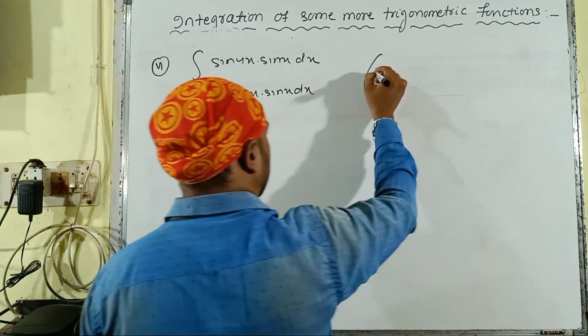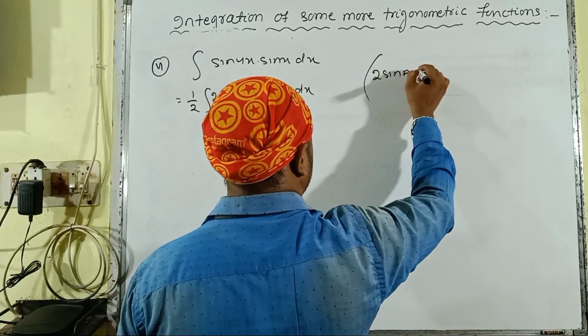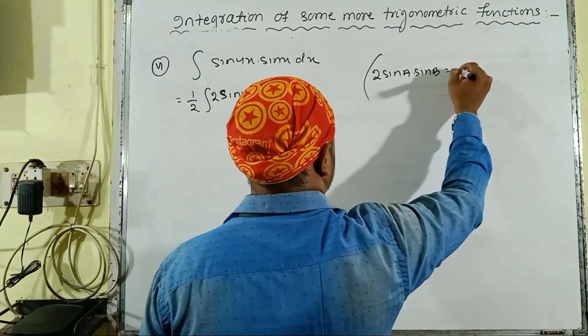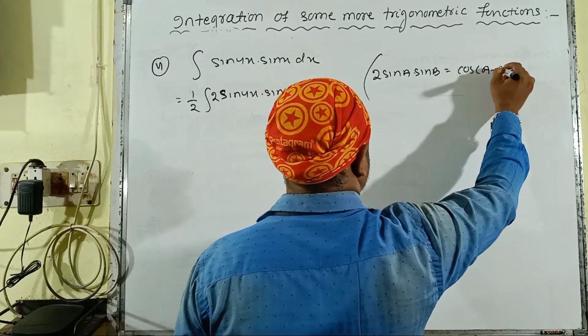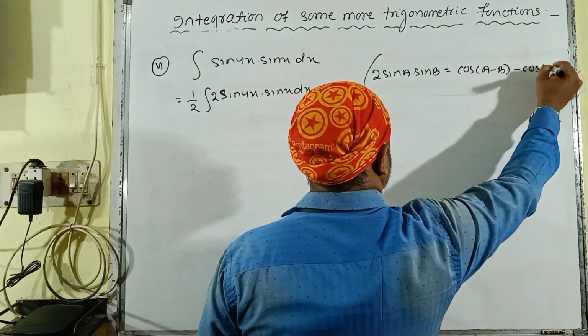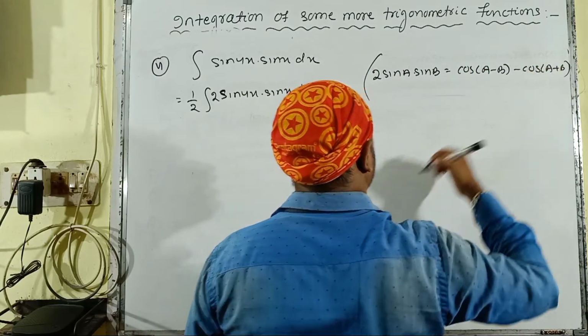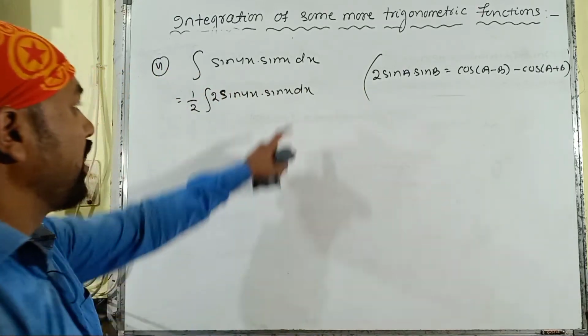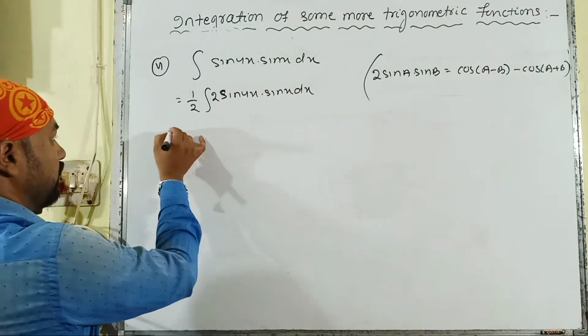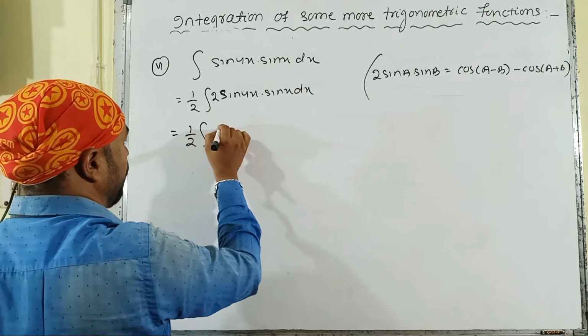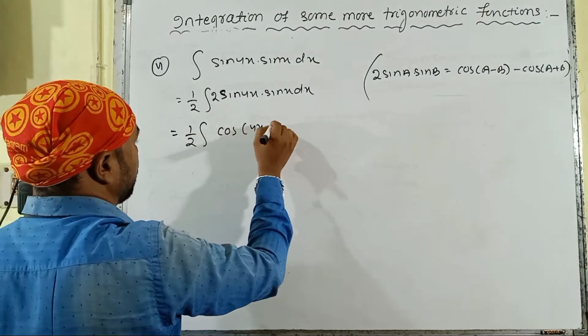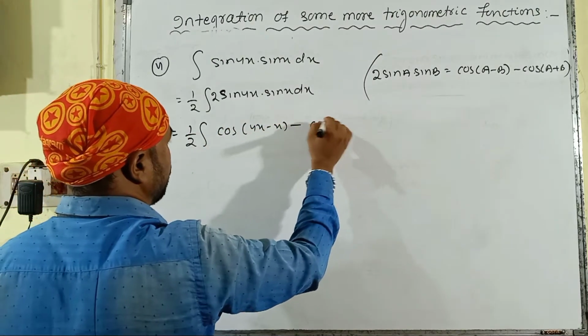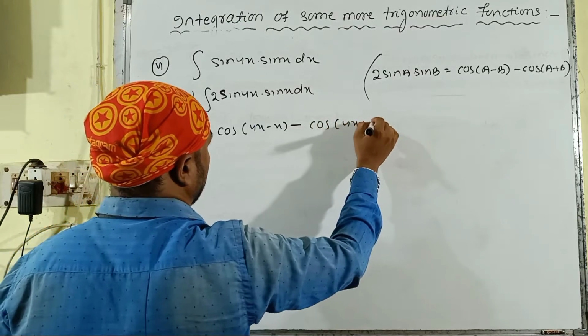Here we have to use the trigonometric identity 2 sin A into sin B, that is equal to cos(A-B) minus cos(A+B). Here A is equal to 4x and B is equal to x. So 1 by 2 integral of cos(4x-x) minus cos(4x+x).